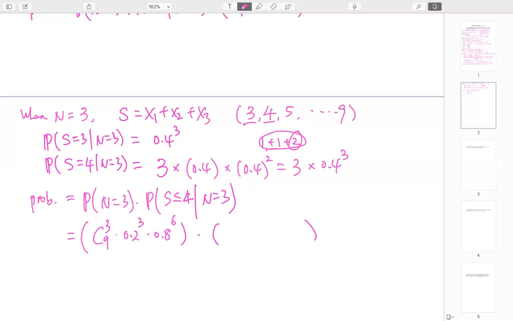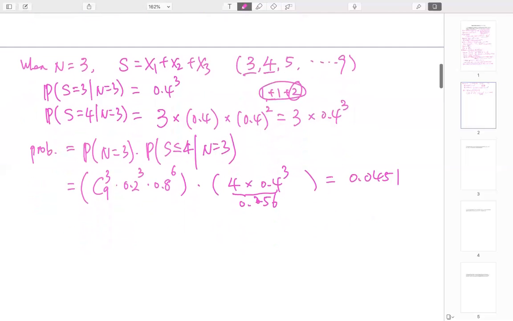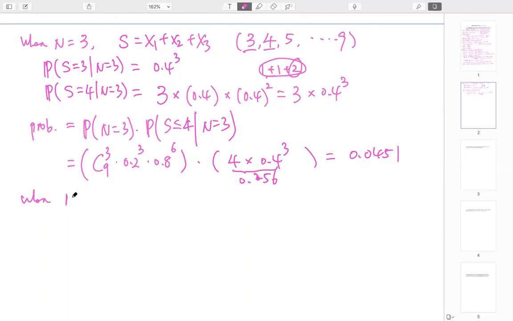And then you do the computation, you will get the result for the conditional probability, which, if you do the analysis, is 4 times 0.4. Okay, so this is 0.256. So if you hit your calculator, what do I get? Let me take a look. It's 0.0451.